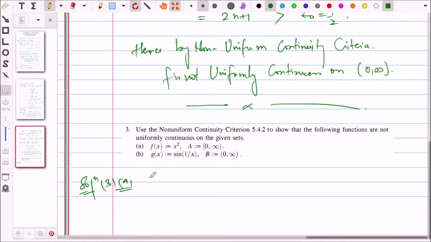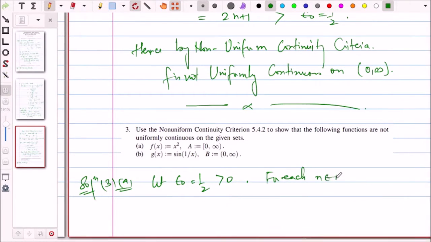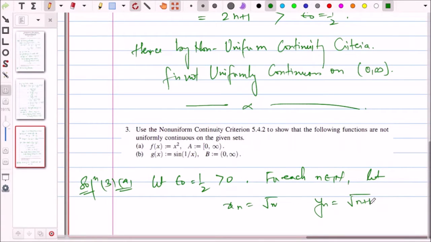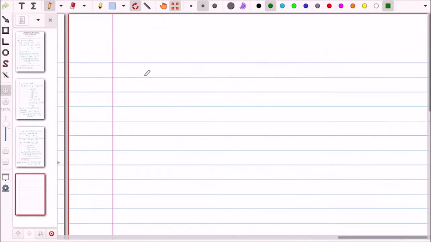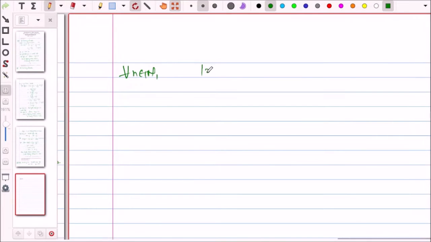For this, again let epsilon naught equal to half greater than 0. For each n belonging to N, we let xn equal to root n and yn equal to root n plus 1. Then for this choice of xn and yn, it is easy to see that for all n belonging to N, xn minus yn is equal to root n minus root n plus 1.